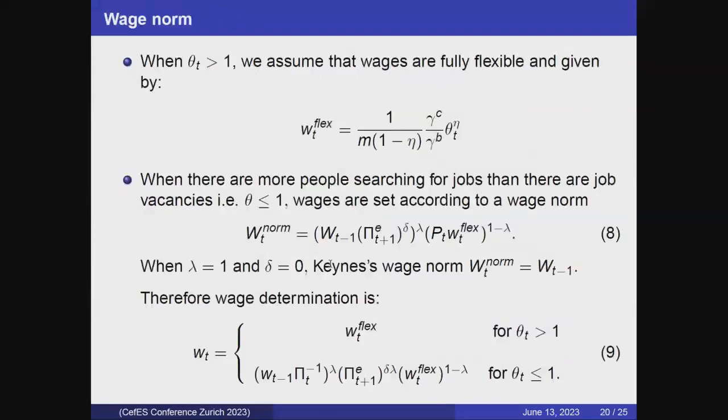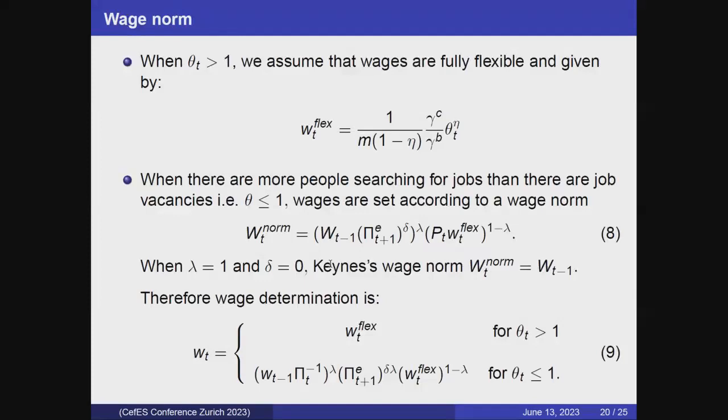So we're going to make an assumption: when theta is greater than 1, then you are in this flexible world in which wages are very reactive to theta. That is when there are fewer people searching for jobs than there are job vacancies. When theta is less than 1, then wages are set according to this norm.